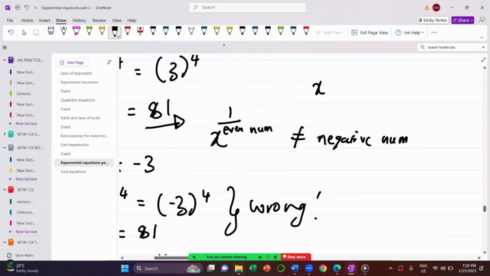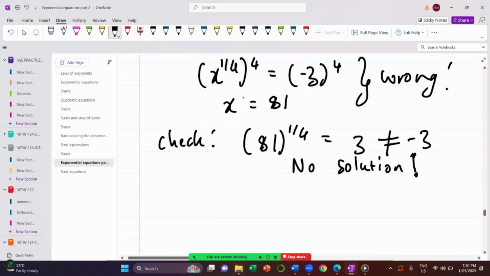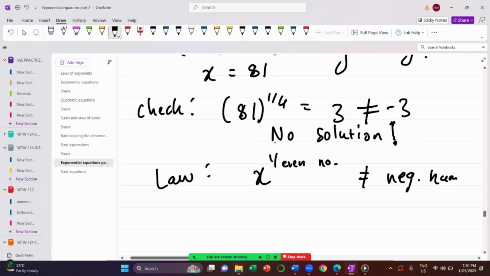So if I have x to the exponent of 1 over 2, and they say it's equal to negative 1, I know the answer is going to be no solution, because 1 over 2 has an even number and it's equal to a negative number. This can never be. So there is no solution. You guys see that law? The law is if I have x to the exponent of 1 over an even number, this cannot be equal to a negative number. Are you guys okay?